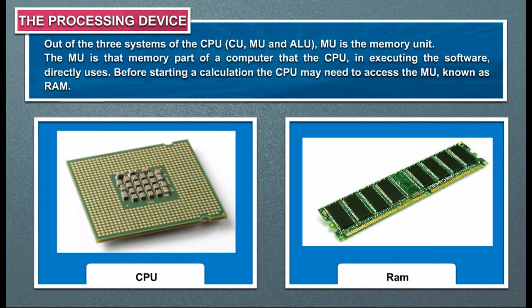Out of the three systems of the CPU, CU, MU, and ALU, MU is the memory unit. The MU is that memory part of a computer that the CPU, in executing the software, directly uses. Before starting a calculation, the CPU may need to access the MU, known as RAM.